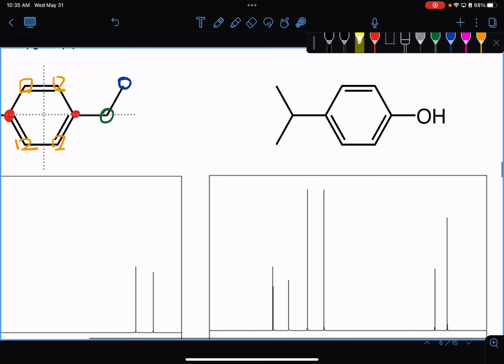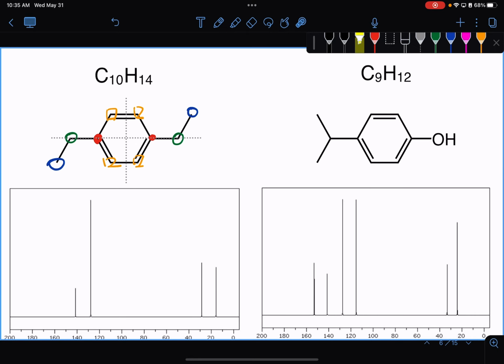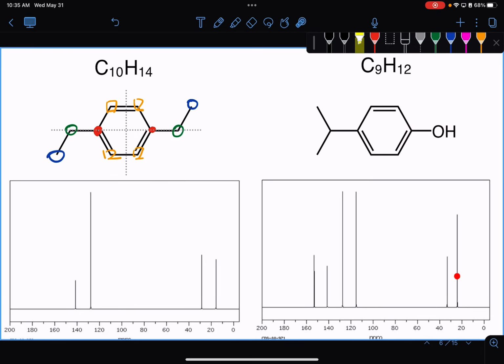Let's try that together on the right example here. On this molecule, we have 1, 2, 3, 4, 5, 6, a total of 6 signals in your carbon NMR. So in this molecule, what we can do is draw the plane of symmetry in the middle. Now your OH doesn't have any carbon on it, but here you have the first carbon atom.